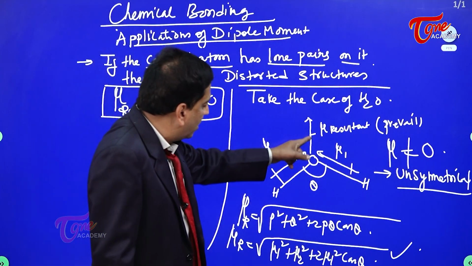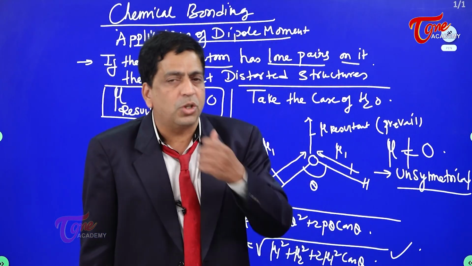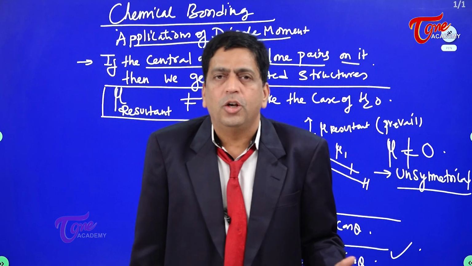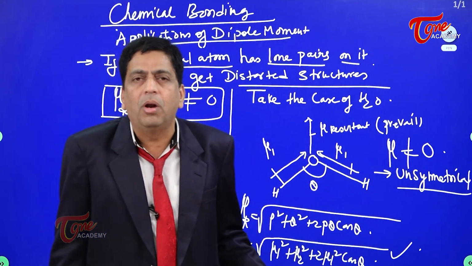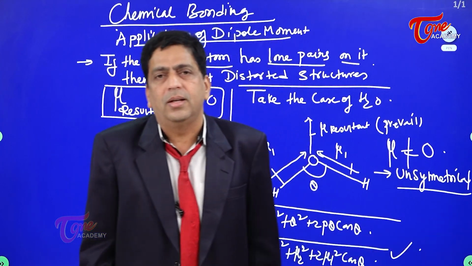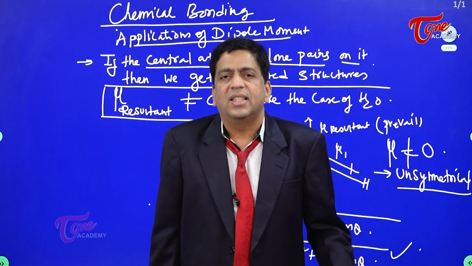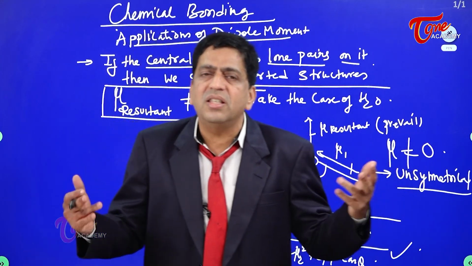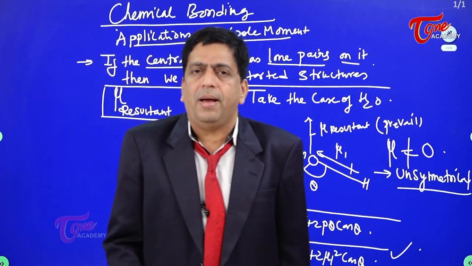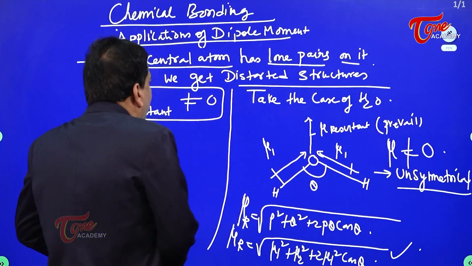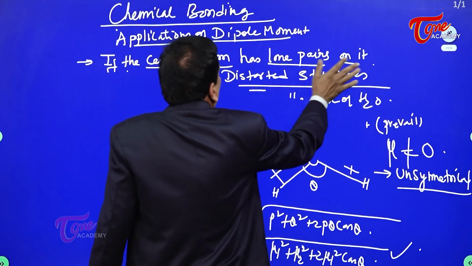You have a resultant vector, which you were told in physics: p square plus q square plus 2pq cos theta. That mu r is not cancelled by any other vector, so the mu r will prevail. So now, as we have fixed the symmetrical molecules, let us fix the unsymmetrical molecules so that you can apply that in the exam.